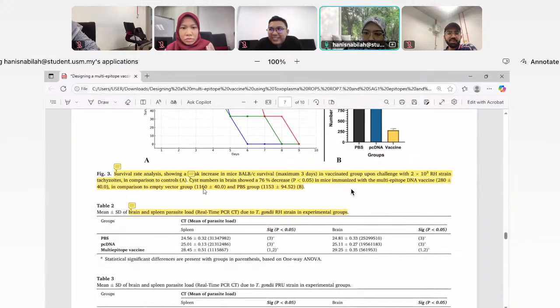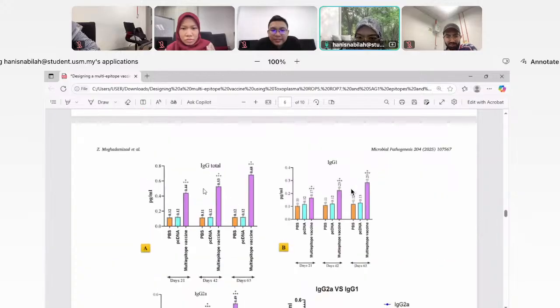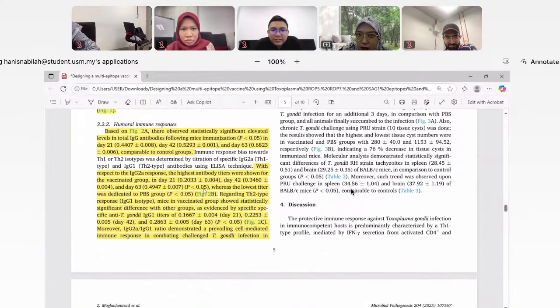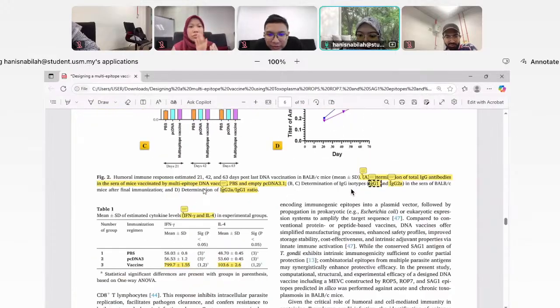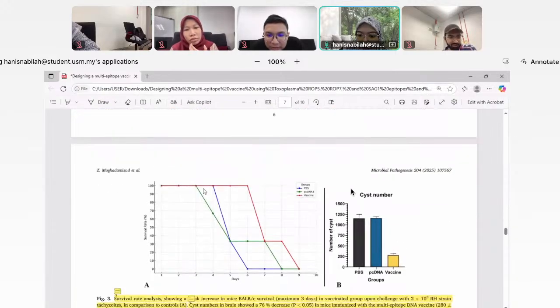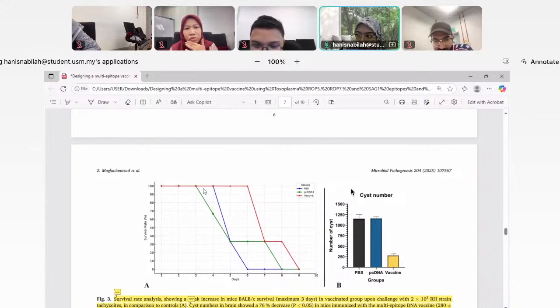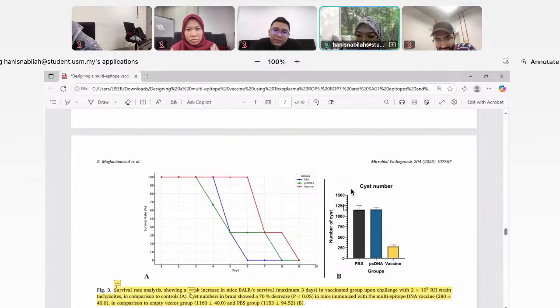Also, the PBS and pcDNA groups have the same number of cysts. It looks too similar, suspiciously similar. Maximum six, the mice can have.